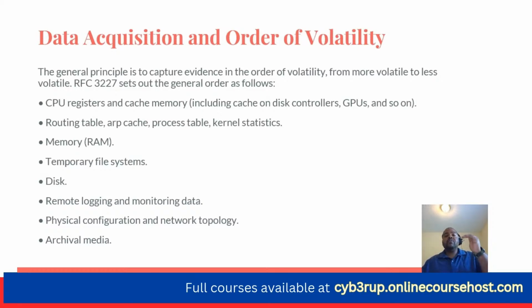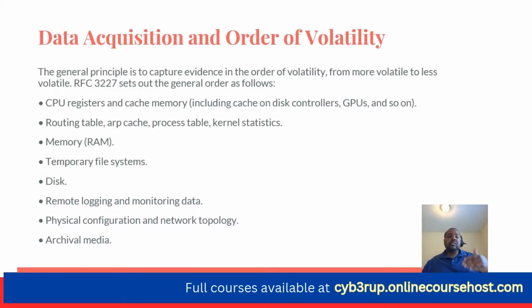It loses the memory first from the CPU and registers in the cache memory, and then it goes on to the routing table, the ARP cache, and kernel statistics. All of those are next. They don't hold them as long, and I'm talking about if the power is cut from the machine. Then you want to check your RAM to see if your information is there. Then going on to temporary file systems.